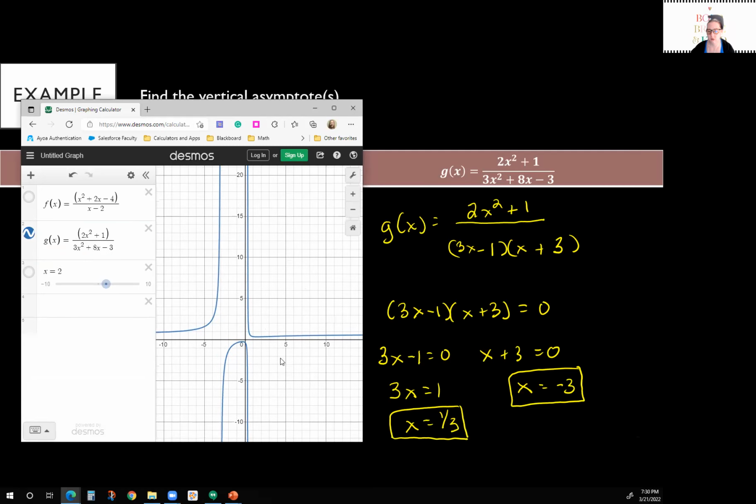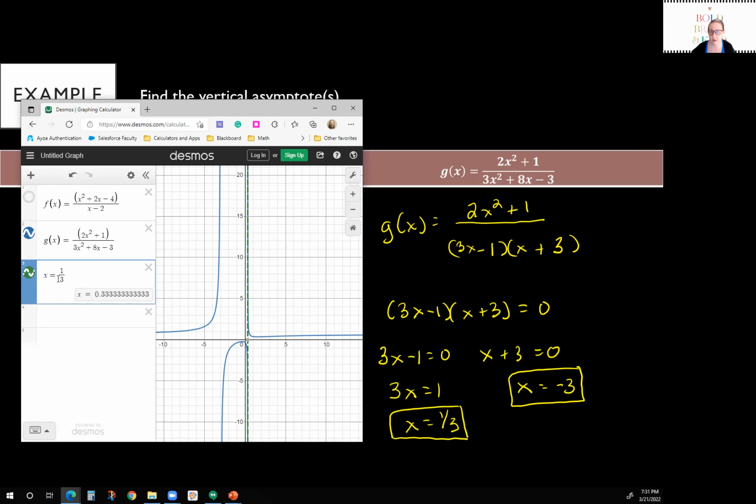So this one, interesting shape, but you can see this actually is a very clear vertical asymptote. I mean, it already looks like it's vertical right here. So this would be at x equals 1/3. So we can test that. If I put in x equals 1/3, you can see that it basically does line up with our graph. So that's one vertical asymptote.